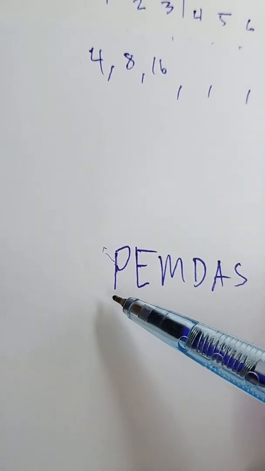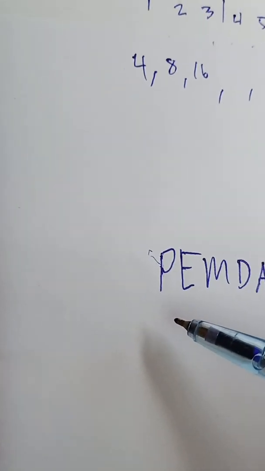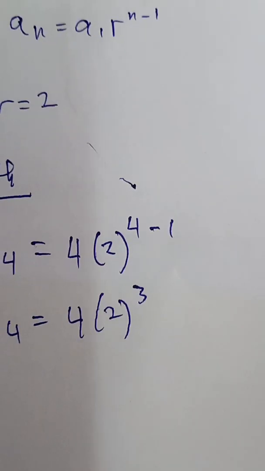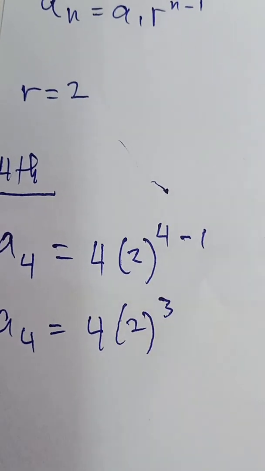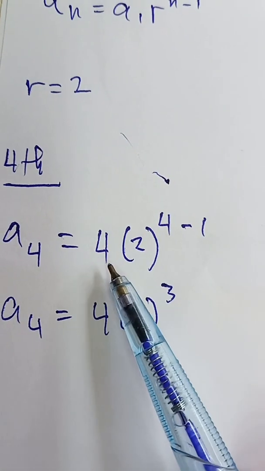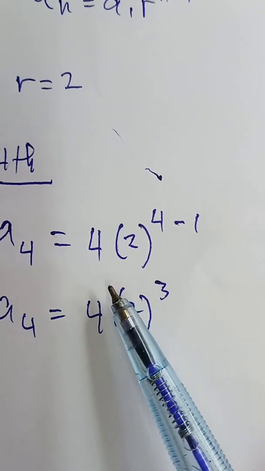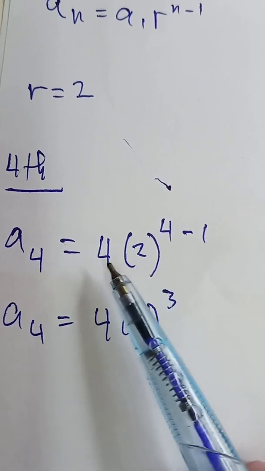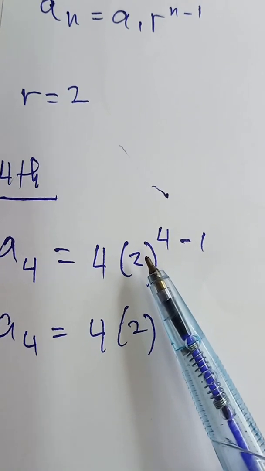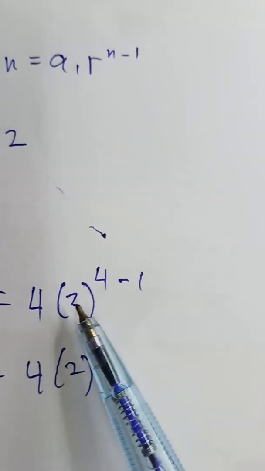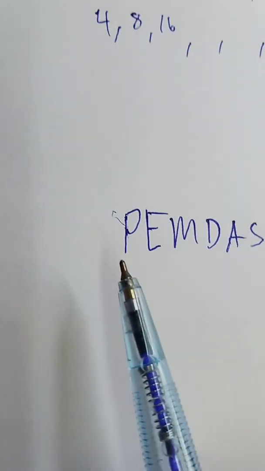So check natin sa given kung sino yung nauuna. Syempre P nauna, so siya yung uunahin mong i-answer, di ba? So for 4 times 2 raised to 4 minus 1, if you are confused kung ano yung uunahin mo, i-multiply mo muna ba or yung exponent, yung parentheses, then that is the time to follow PEMDAS.